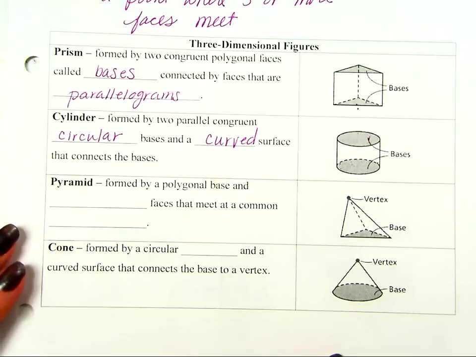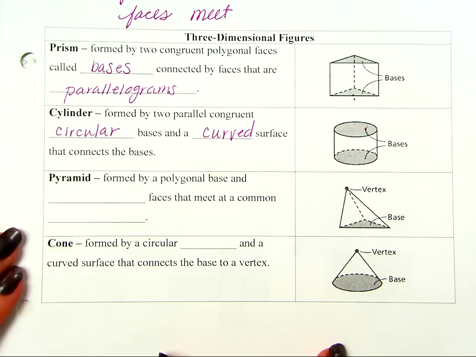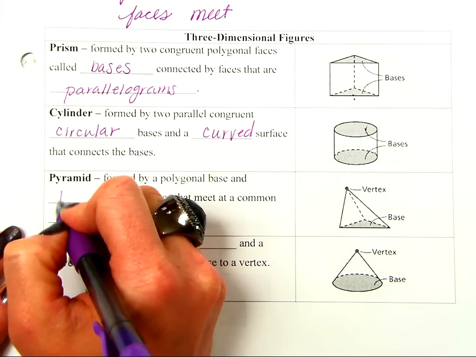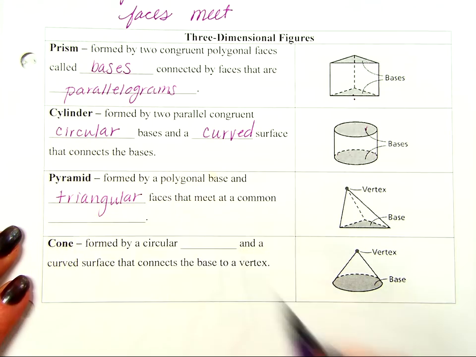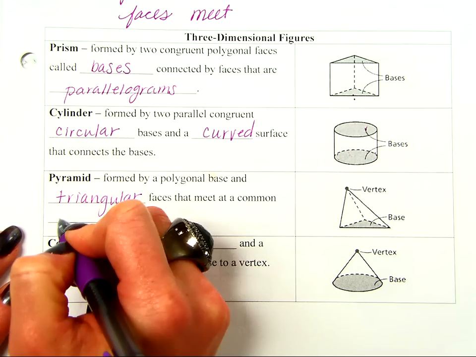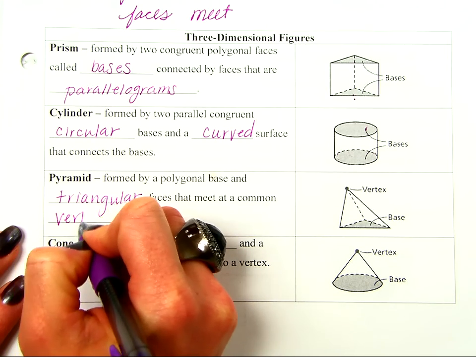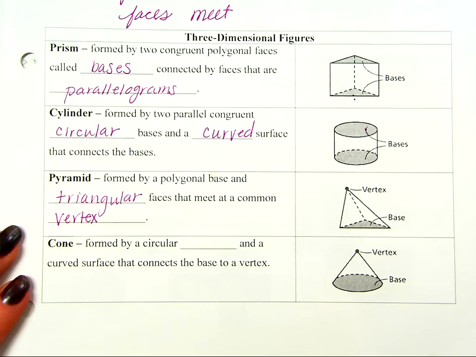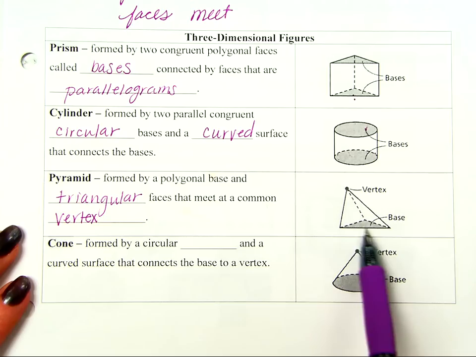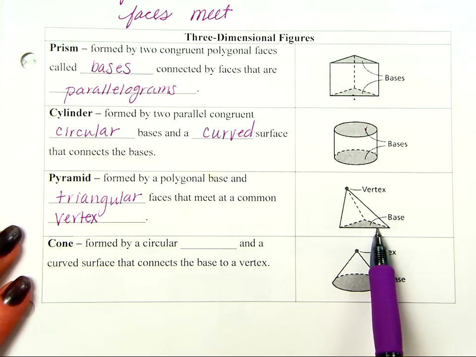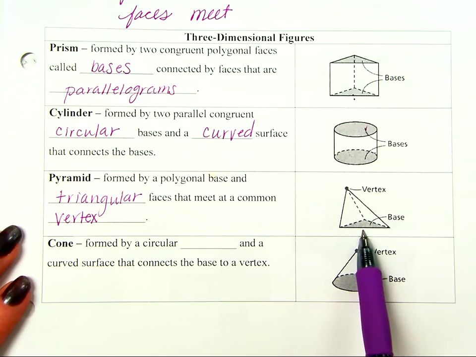A pyramid is formed by a polygonal base and triangular faces, and they meet at a common vertex. One key thought is that the pyramid has 1 polygonal base, and the faces are always going to be triangles.